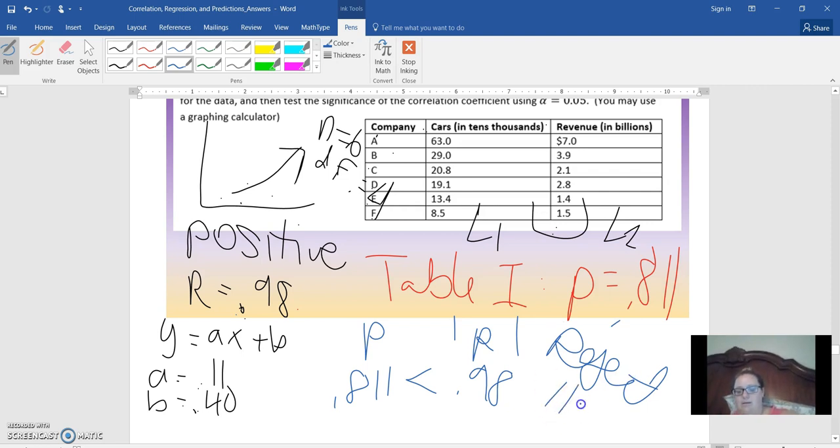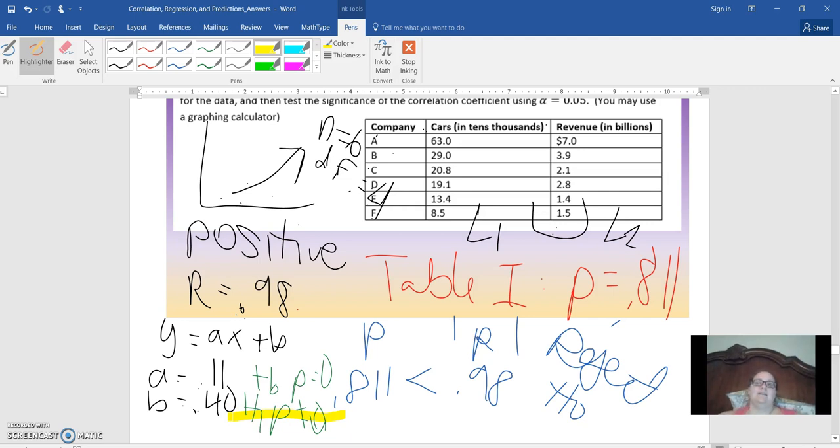Oh, get away from me. All right, we reject the hypothesis. Remember, our null hypothesis is rho equals 0, which means no correlation. Our alternative, rho doesn't equal 0, which means there is a correlation. So if we reject the null, we're rejecting the claim that there is no correlation.